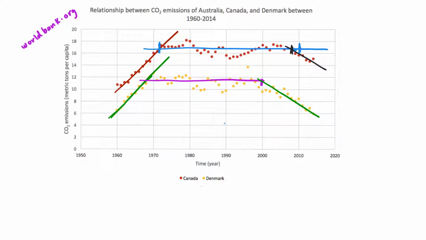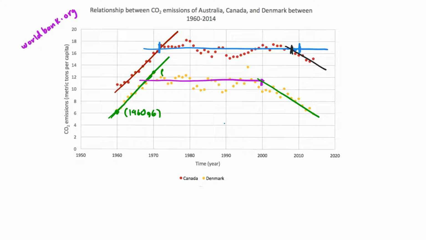So again, looking at these two slopes and the trends, you can see that the slopes here are approximately the same. If I were to actually take 2 points and find my slope, I can do that. I'm going to find the slope of the first green line, and my 2 points are approximately this point over here, which is year 1960 for my x value, and my y value is approximately 6. And again, this is a big approximation.